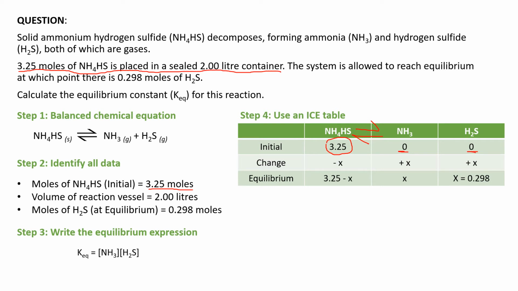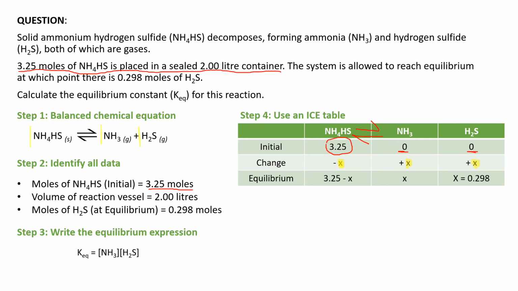So next step, I want to try and work out how those things are changing, and each of them are going to change by X moles. They're going to change in stoichiometry ratios. So coming across the equation, it's in a ratio of 1 to 1 to 1. So it's 1x, 1x, and 1x. If there was a coefficient there, then it would be, say, 2x and 1x and 1x, whatever the coefficients happen to be. But because they're all ones, I'm just going to have x, x, and x.